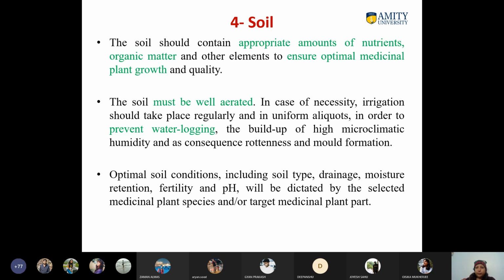So आपका plant अगर alkaline pH it can tolerate, then you can go with that pH, या फिर neutral. Mostly the plants, they prefer to go around neutral pH. So all these things, they have to be kept in mind before you just start the cultivation of your any plant. Am I clear to you, all of you, about the soil?